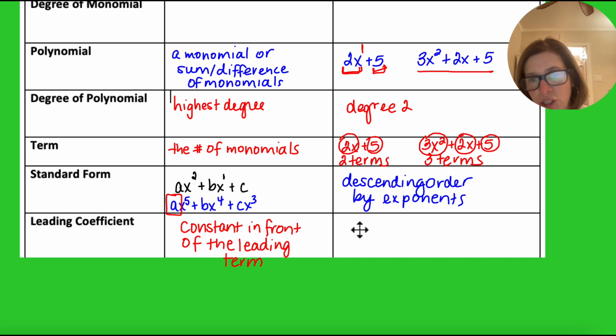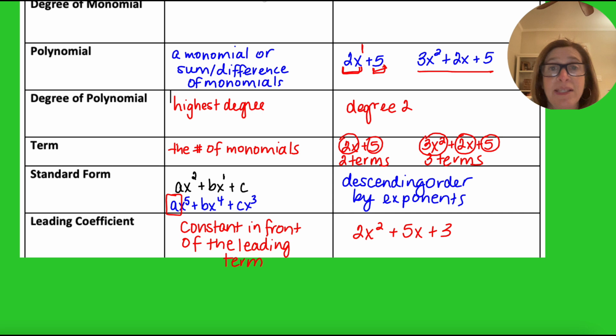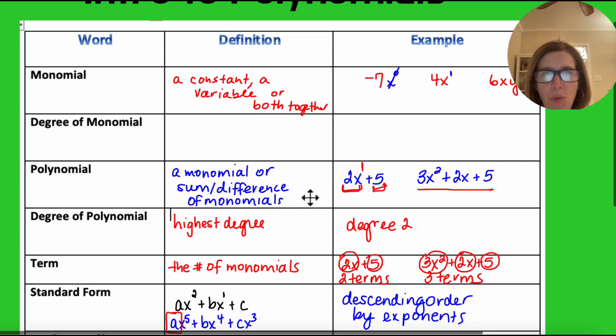All right, so if I have 2x squared plus 5x plus 3, this is the leading term, the first term. The leading coefficient would be 2. So a coefficient is going to be a constant or a number.